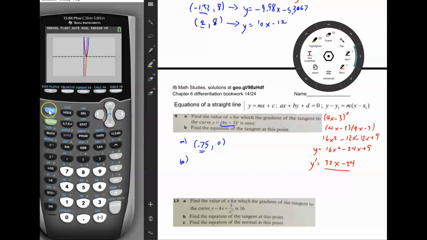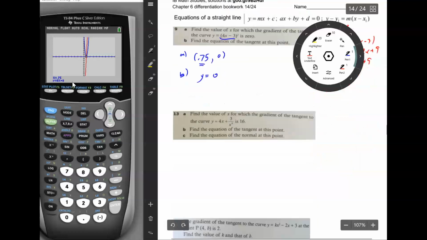Graph. Second draw tangent number 5. And then we're going to type in 0.75. Enter. Wow, it's a perfectly flat tangent. And the formula is y equals 0x plus 0, or y equals 0. It's a flat line. Okay? So that is the equation of the tangent.